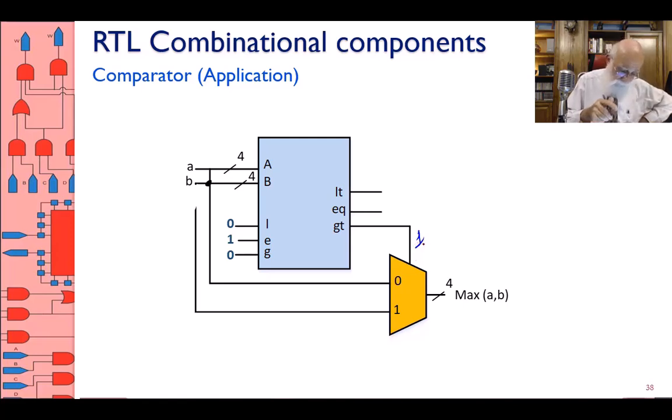In that case, you want A to go to the output. Because if it becomes 1, then the lower input is taken. The lower input is now connected to A, and therefore the A input is going to go to the output. That's a simple application.